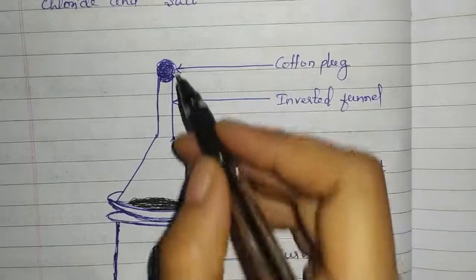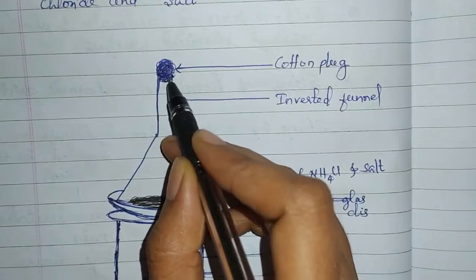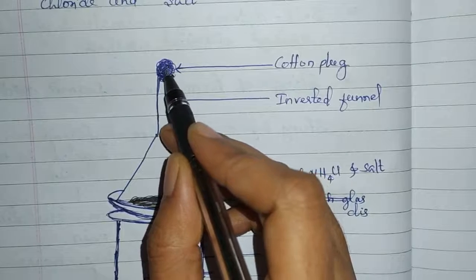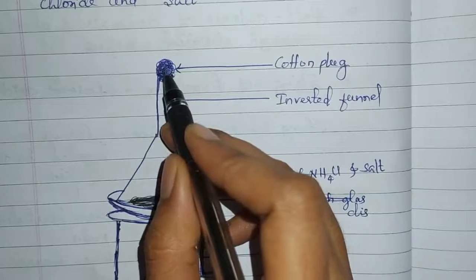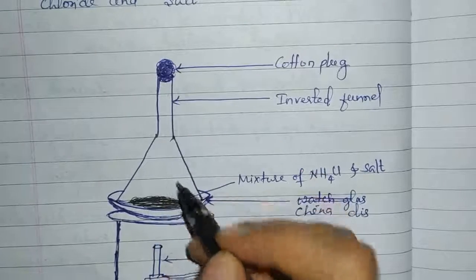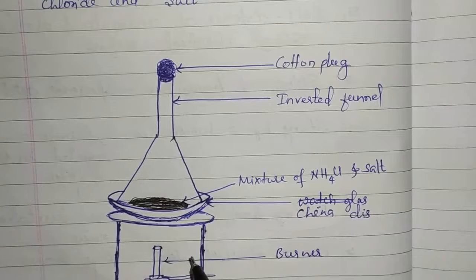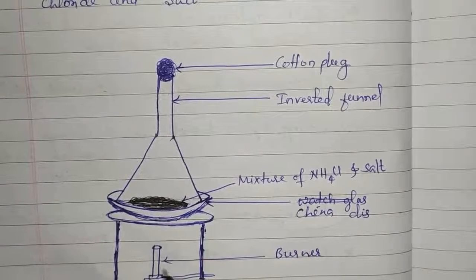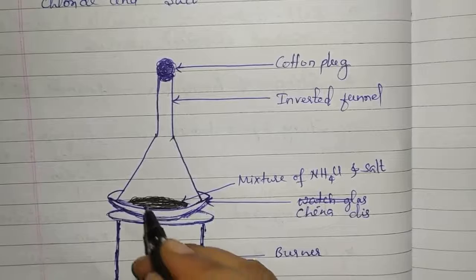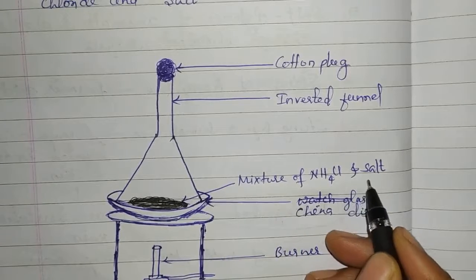Here the opening of the inverted funnel is closed with a cotton plug, so that vapor should not move out of the funnel. This China dish is placed on the tripod stand, and below this we are placing the burner.